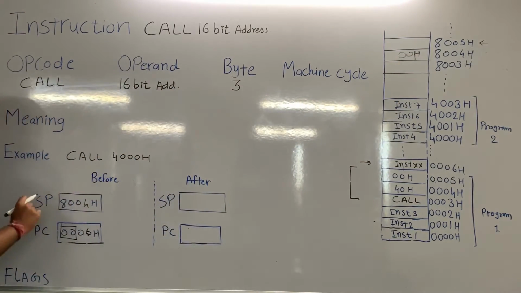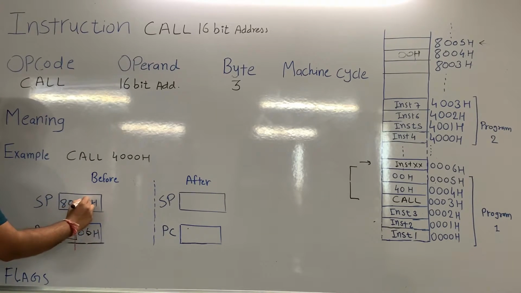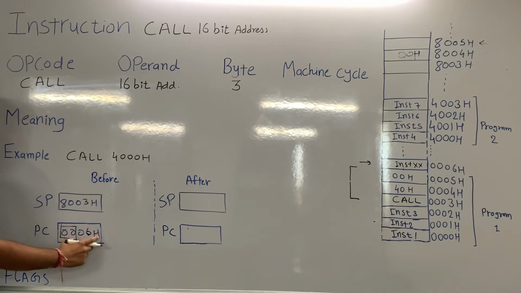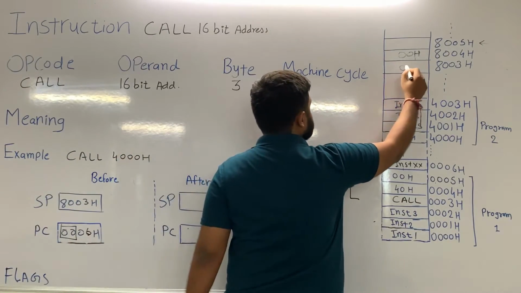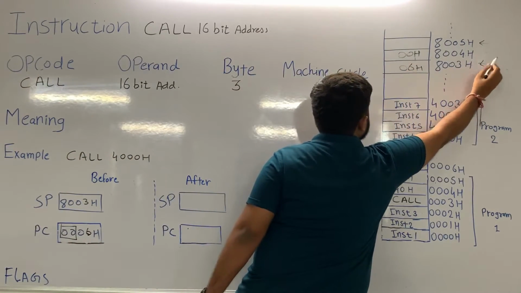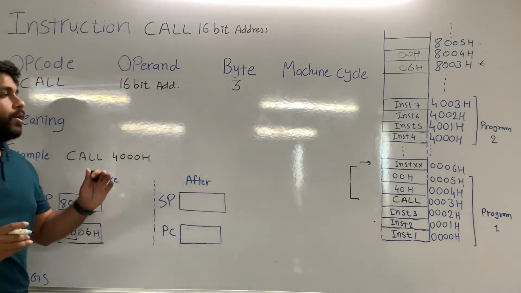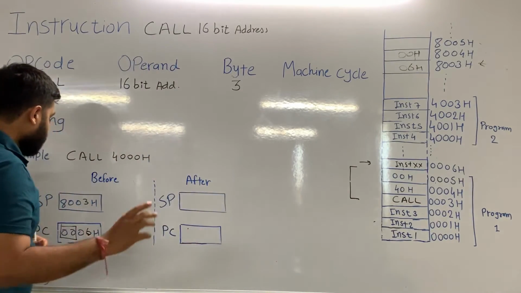After that, again the value of the stack pointer will be decremented, so it will become 8003H. And in 8003H, the microprocessor will store the lower byte of the program counter. So 06H will be stored. So right now the stack pointer is pointing at 8003H.